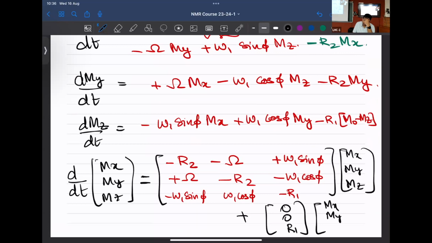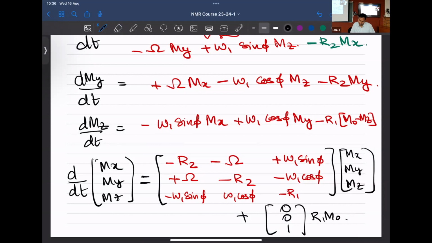Is this right? No, check. I feel I'm doing something wrong. Okay, let me write it. So 0 0 1, is it? Minus R1 times M0. No, this will just be M0, right? Yeah, R1 times M0 into 0 0. Is that right?